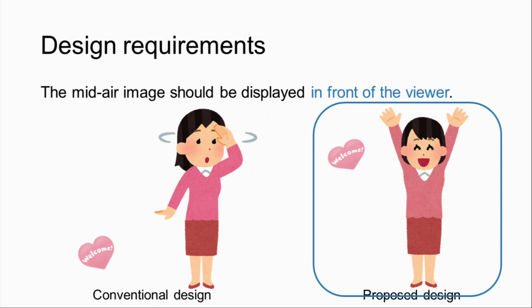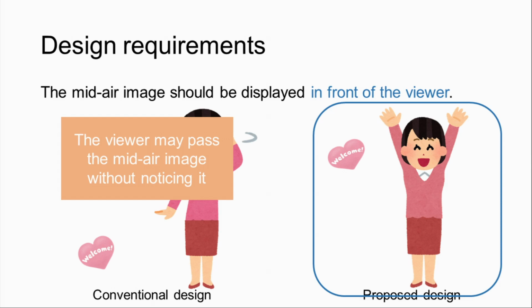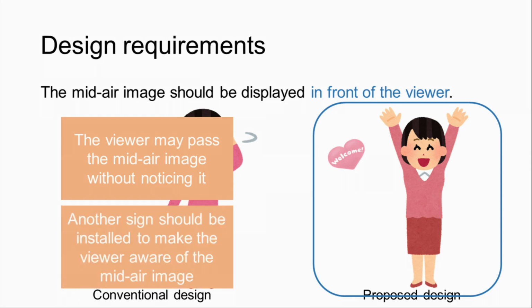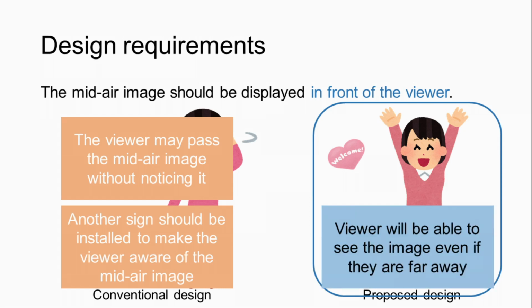In the worst case, another sign should be installed to make the viewer aware of the mid-air image. However, if we make the mid-air image visible when viewers face frontwards, they will be able to see the image even if they are far away. Therefore, we decided to present mid-air images in front of viewers.